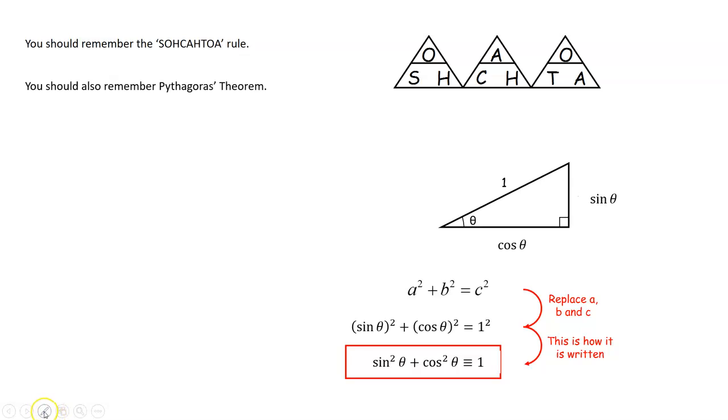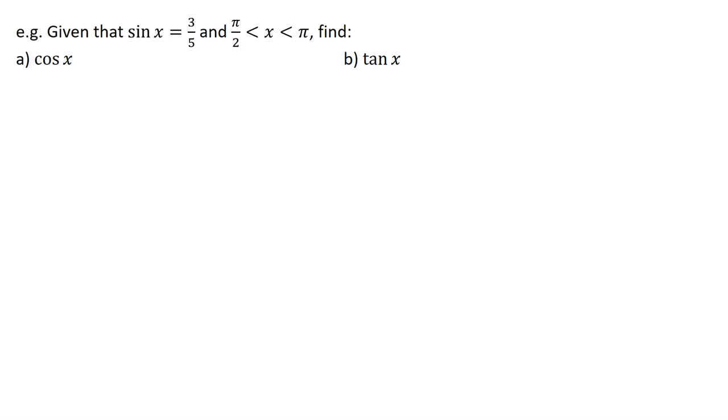Just a reminder, you know another identity: tan theta is identical to sine theta over cos theta. So let's have a look at how we can use that to answer some questions. Here we're given a value of sine x, and we're told that x is between pi on 2 and pi. We need to find cos x. This is my identity.